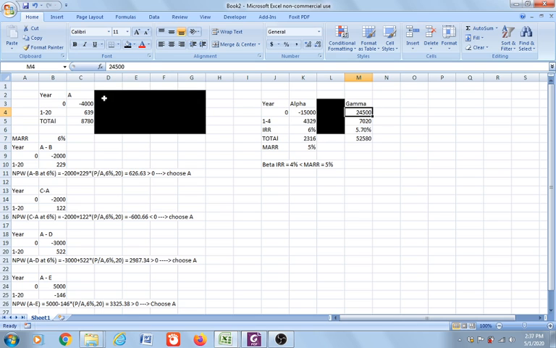Sorry, this should be a negative value because it is an initial cost. Gamma has the higher total, so we need to calculate the NPW of gamma minus alpha at MARR, which is 5%.